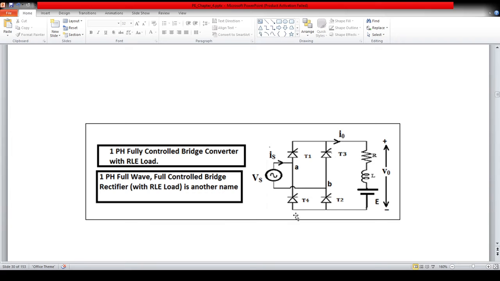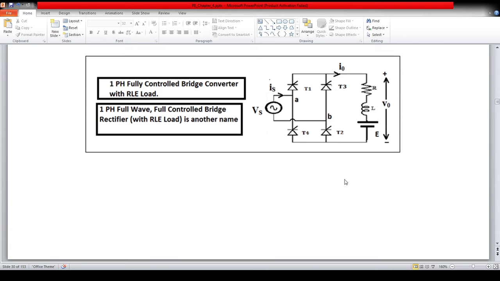So this is now short. Hence, naturally, the other two thyristors, the conducting thyristors, will get commutated.